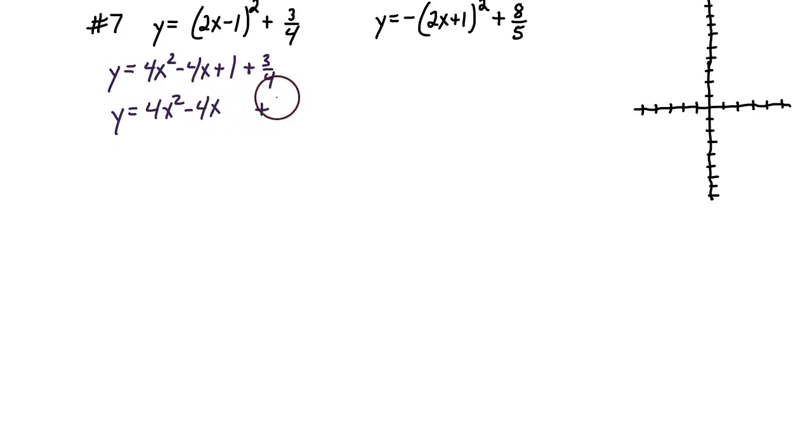When I write the plus 7/4, I'm going to leave a little bit of space right here. Next, I want to factor a 4 out of this portion. That makes 4 times (x squared minus x). I'm going to close the parenthesis and write the plus 7/4, but I'm keeping a little bit of space right in here.